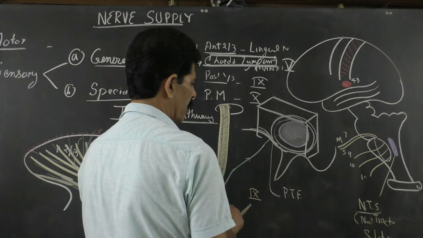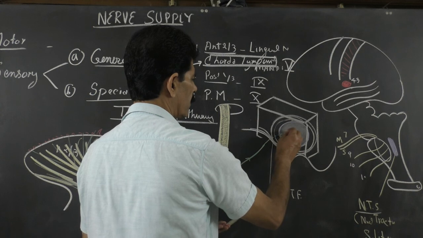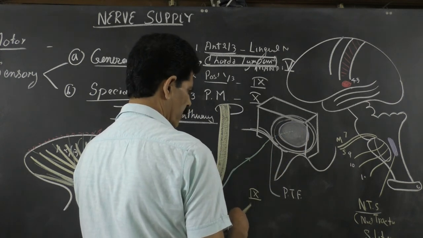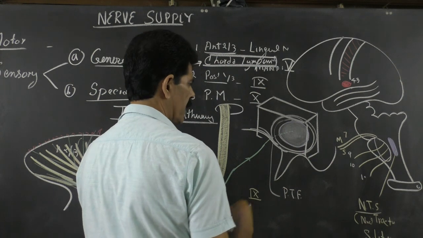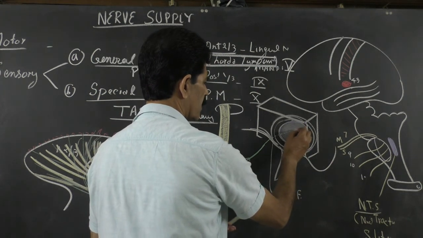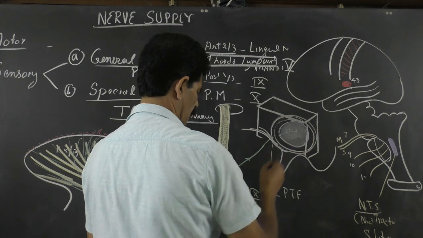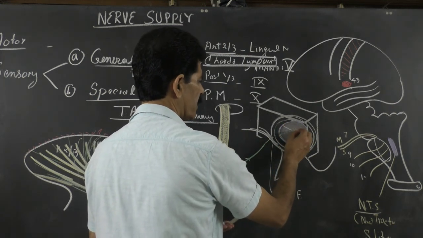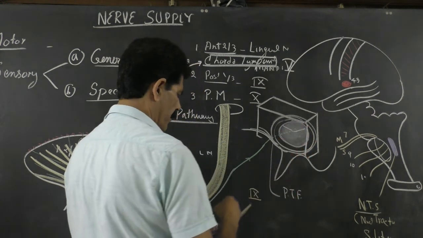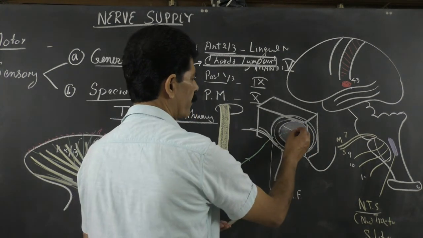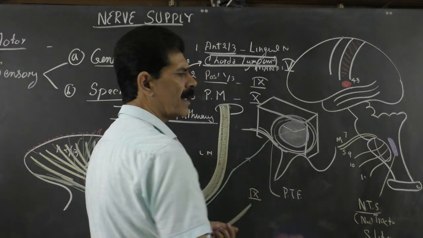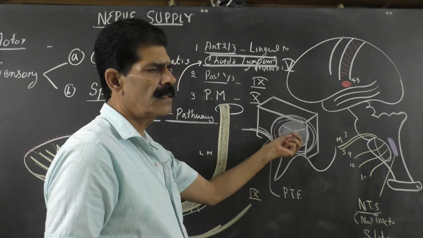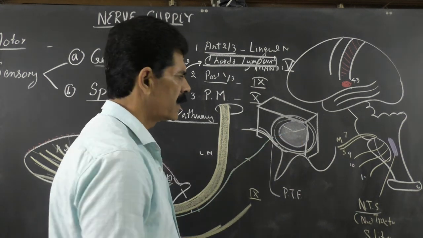So these fibers go medial to the tympanic membrane, touching the handle of the malleus, and lie at the junction of the pars tensa and the pars flaccida part of the tympanic membrane. The mucous membrane of the tympanic cavity lies medial to it.